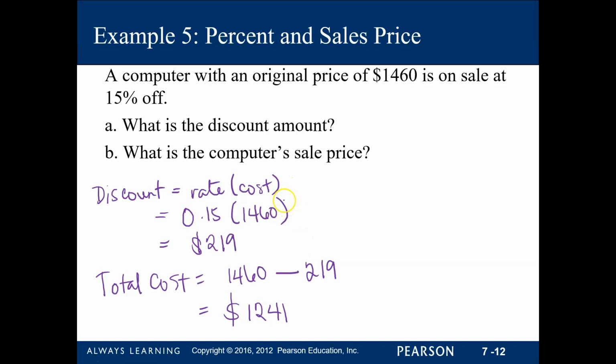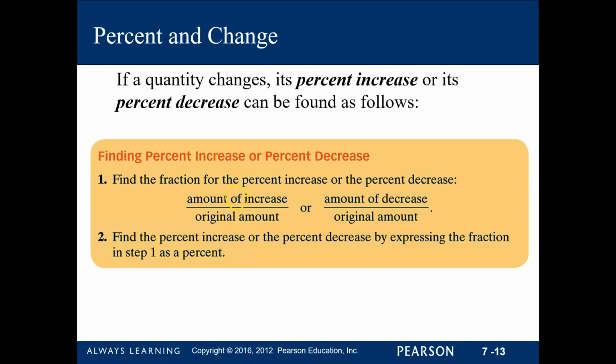All right. So as you can see, there will always be some changes on prices when it comes to sales tax and discounts. Now, another application of percent is if we would like to see how much was the increase or the decrease of certain values. For us to be able to find the percent increase or percent decrease, as you can see here, it's pretty much the same formula.